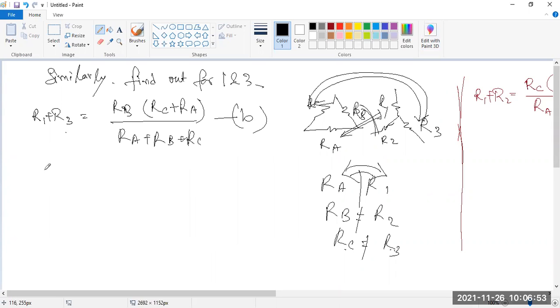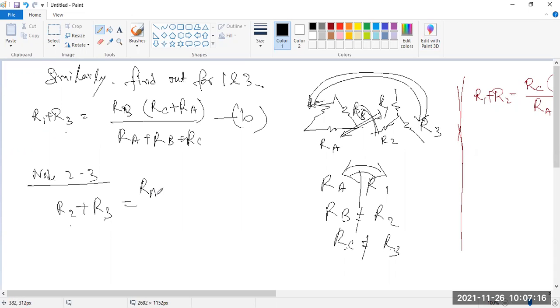And now for the nodes 2 and 3, we get R2 plus R3. Look, what is the trick? R2 is there, R3 is there. R2 resembles RB and R3 resembles RC. So which one is not available? RA is not available.